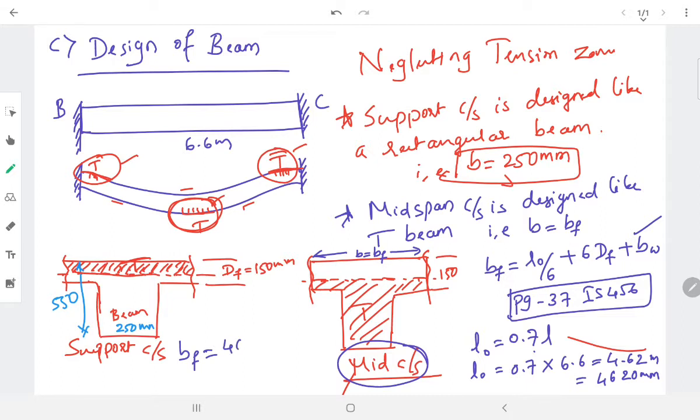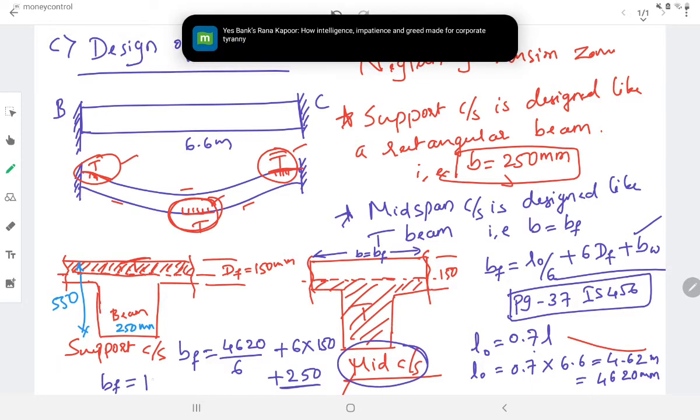L0 is 4620 divided by 6 plus 6 into DF, which is 150, the depth of the slab, plus BW, the width of the web, that is the beam width, 250. Substituting in this formula you will get BF as 1920 mm.